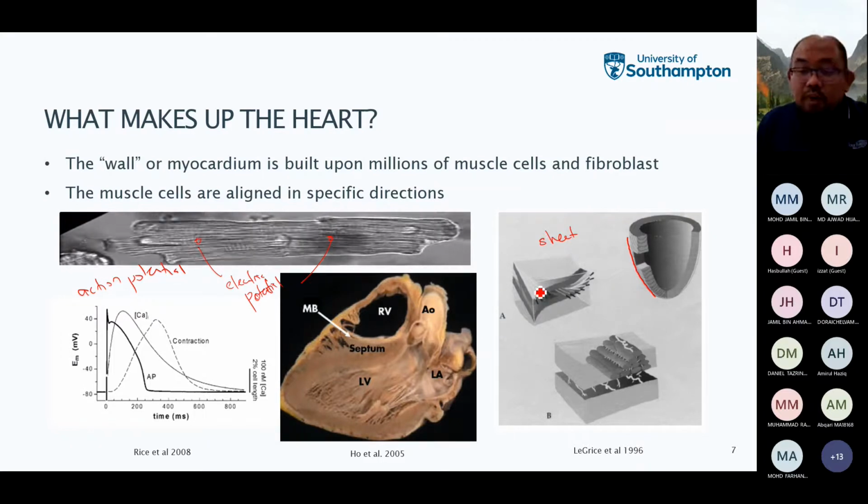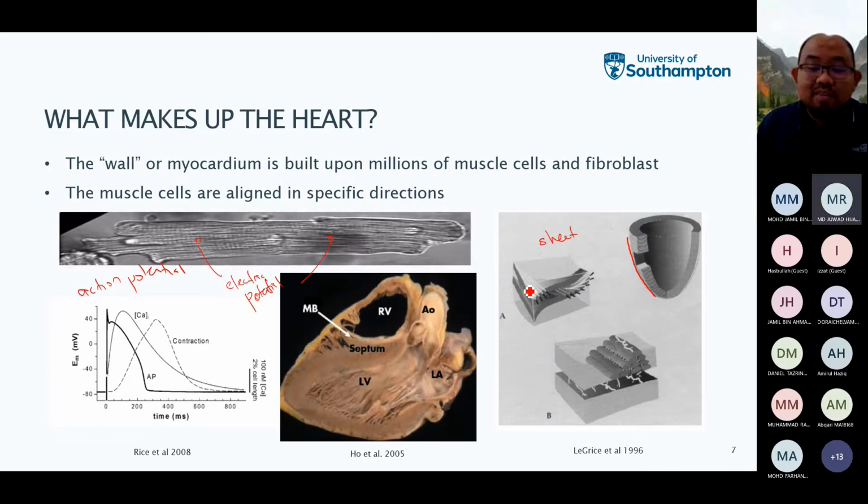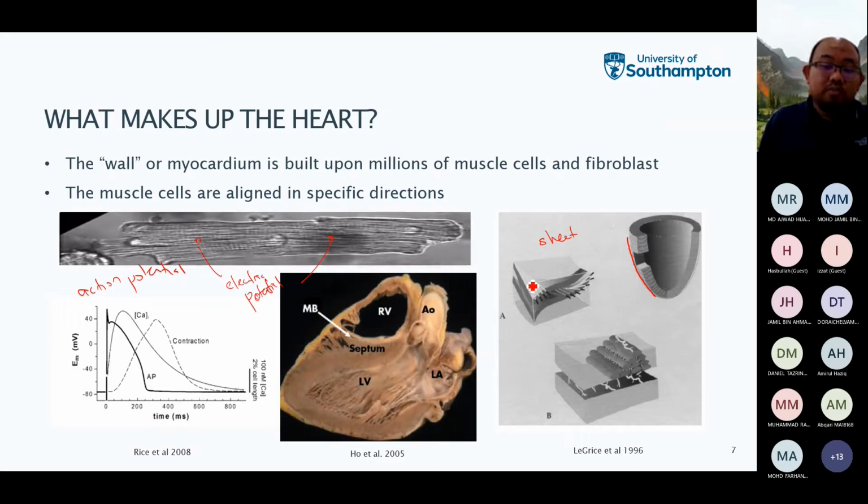So can anyone guess what the material behavior of this heart muscle would be? Is it isotropic or anisotropic? What do you guys think? Can anybody guess? Is it isotropic or anisotropic? I guess it's isotropic. It's supposed to be anisotropic.